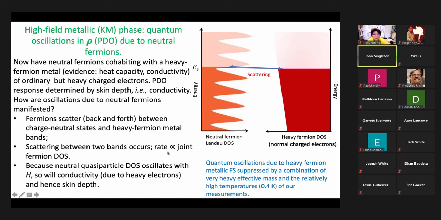The rate at which it occurs varies as the joint fermion density of states, so it's going to oscillate. And because the neutral quasiparticle density of states oscillates with the magnetic field, so will the conductivity. And so we'll get oscillations in the PDO signal. So that explains why, even though the neutral fermions, the Majorana fermions, are neutral and can't carry charge, they nevertheless influence the charge carrying properties of the system.